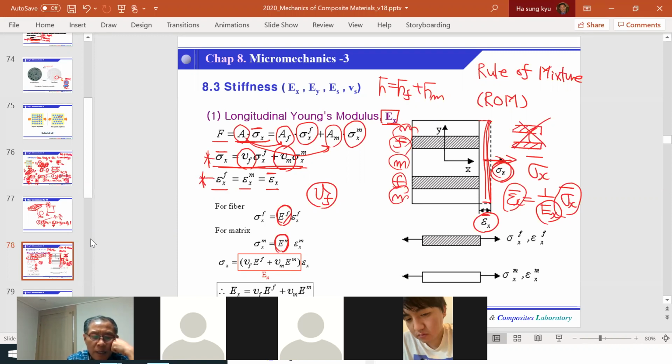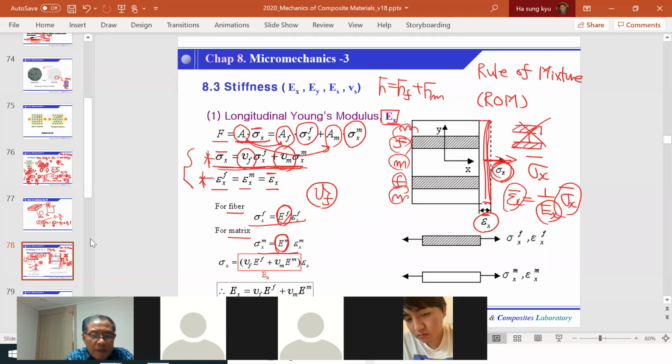So this is the strain compatibility in extension, and this is basically the rule of mixture. These are the two observations we can have from this simple rule of mixture model. And for the fiber, we have a constitutive stress-strain relation. This is a material property of the fiber. This is the material property of the resin.